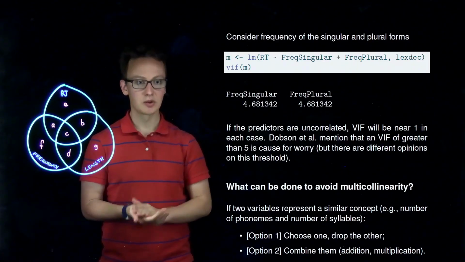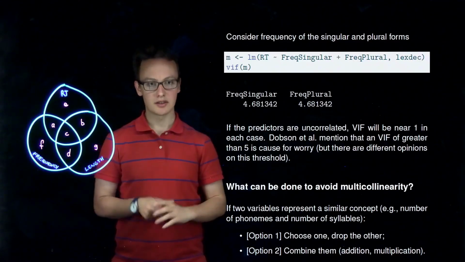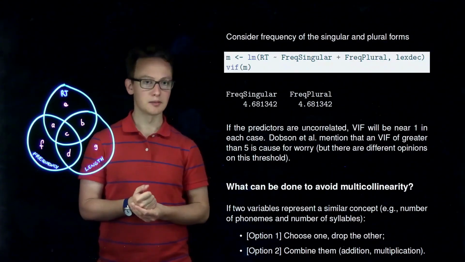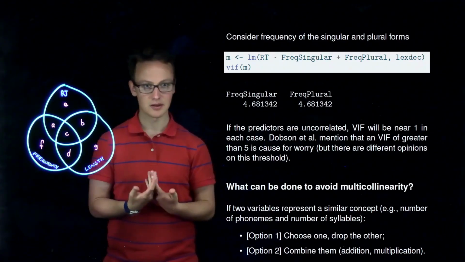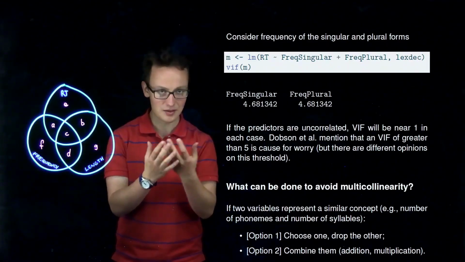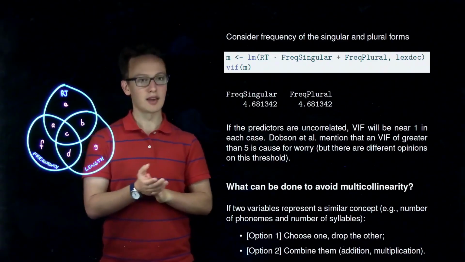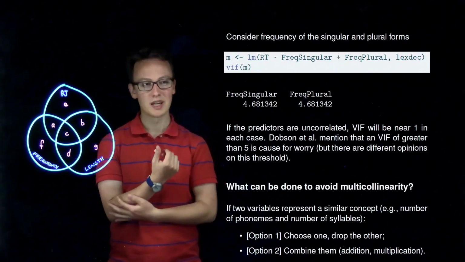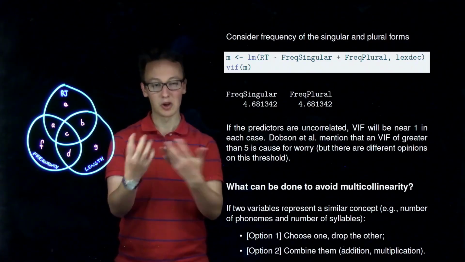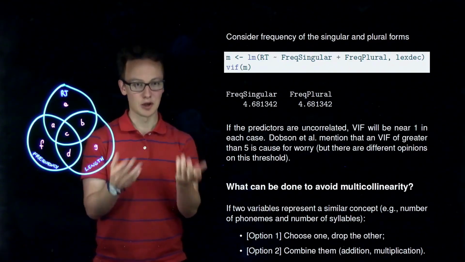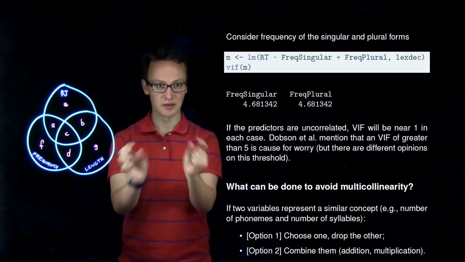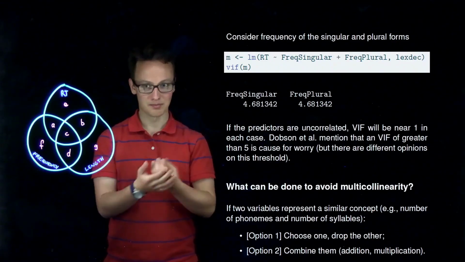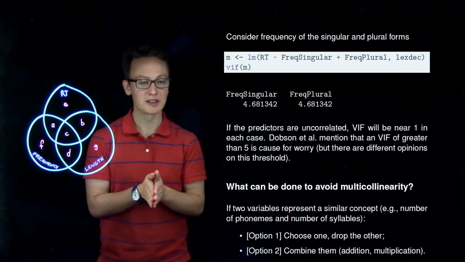If that's the case, then you could choose to, okay, maybe just keep one of the predictors and drop the other, right? So you could say, I don't know, if frequency and family size turned out to be almost the same thing, you could say, okay, they are so correlated with each other that it doesn't really make sense anymore to keep both of them in because they almost mean the same thing, and my slopes will then just represent this tiny portion of variance in each of them that's not really substantial to what I'm after, basically.